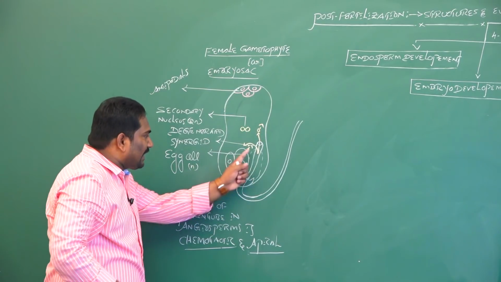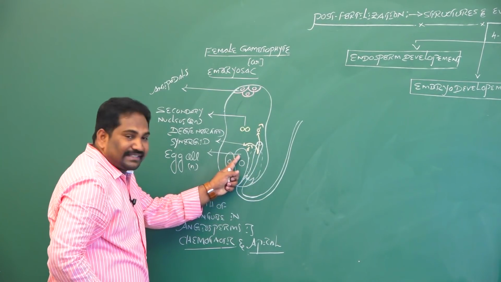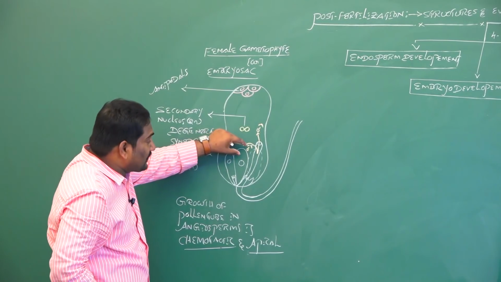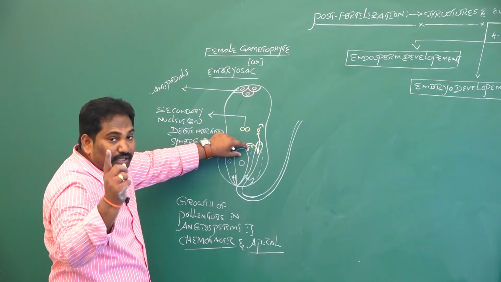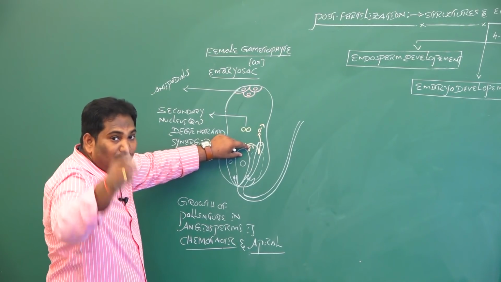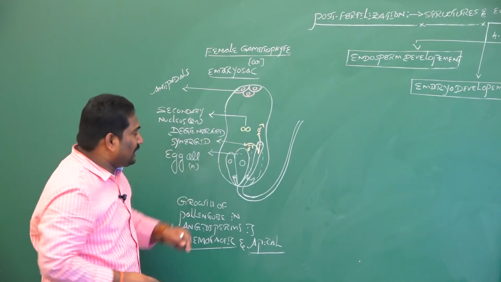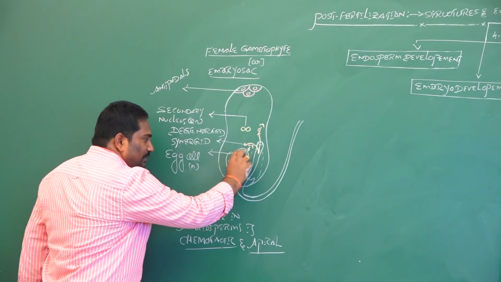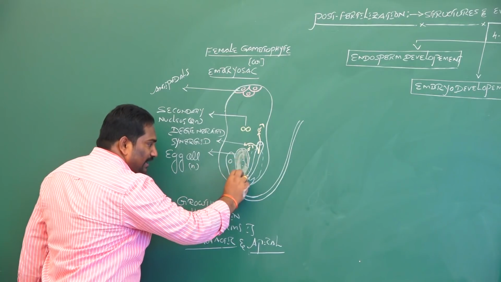The first male gamete moves towards the egg cell. The male gamete is haploid and the egg cell is haploid; these two come into physical contact by the process of fertilization or syngamy. Then a diploid zygote is formed, and the diploid zygote can develop into a diploid embryo.